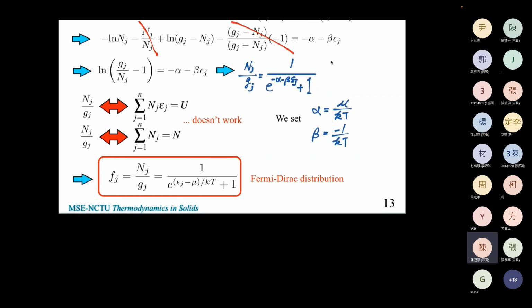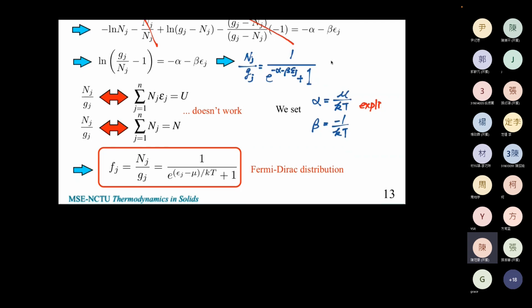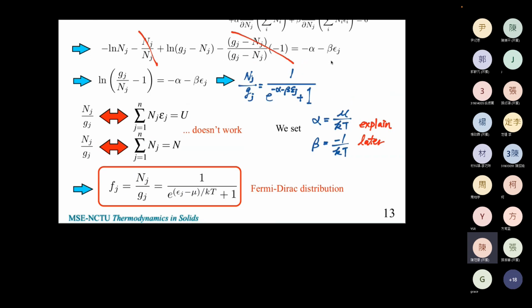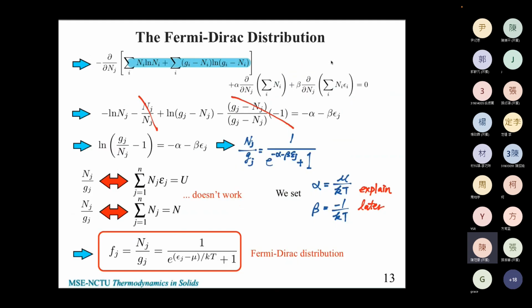I will explain this later. Okay, we'll explain later, and just set that. We accept it at this stage, and we can have the Fermi-Dirac distribution looking like this. We have plus 1 under here.